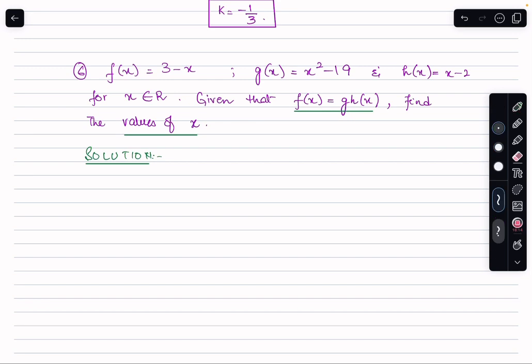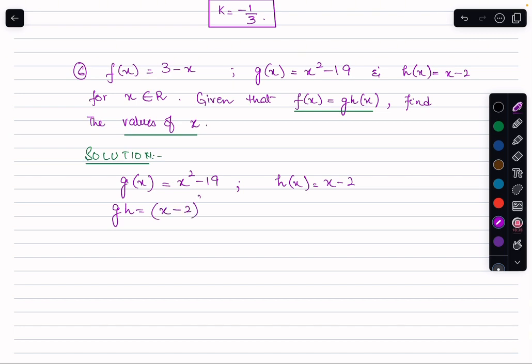So how to start solving it? The first thing is to find the composite function g of h. The g function is equal to x squared minus 19 and the h function is equal to x minus 2. So if I find g of h, then in place of x, I will be substituting the function h, which is going to be x minus 2 the whole square minus 19 here.